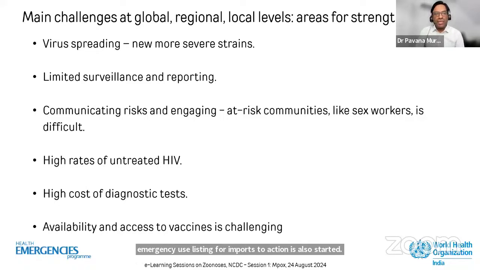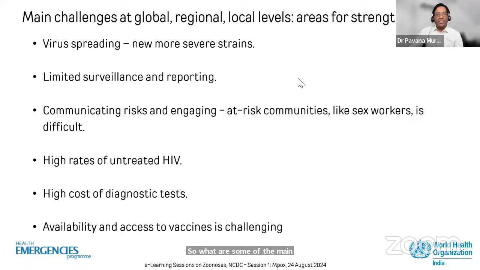So what are some of the main challenges at various levels, global, regional, and local levels? We know the virus is spreading, and it is a new strain. And we know from the genetic information that it mutates quite frequently, and over a period of time, we have seen more than 50 mutations that have happened.